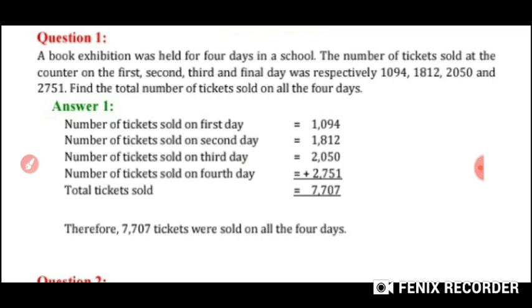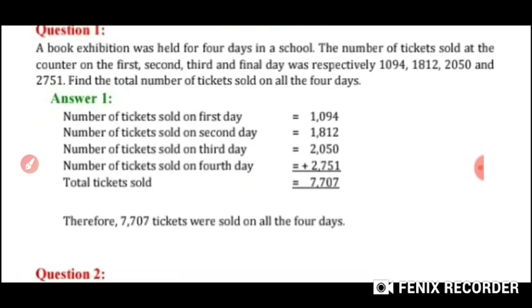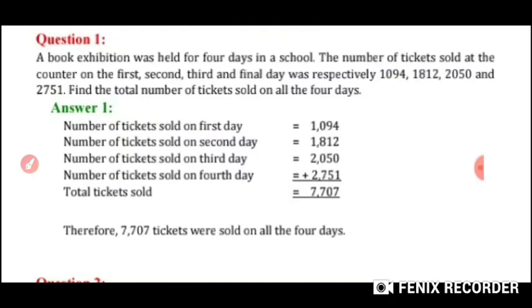It means first day 1094, second day 1812, third day 2050 and final day 2751. Find the total number of tickets sold on all the 4 days.